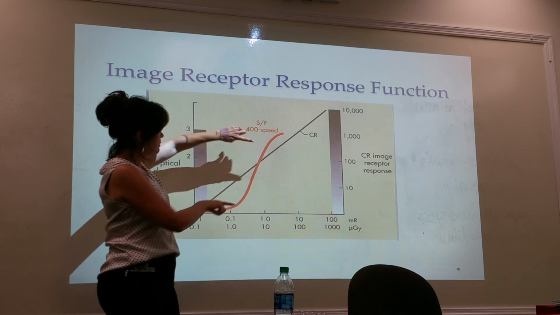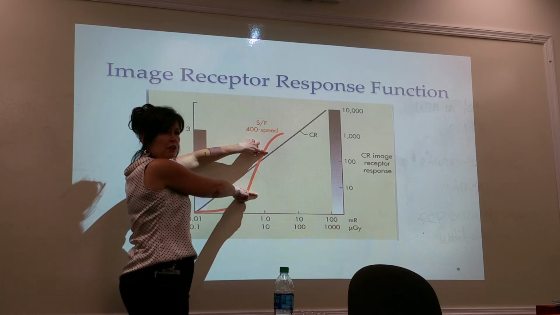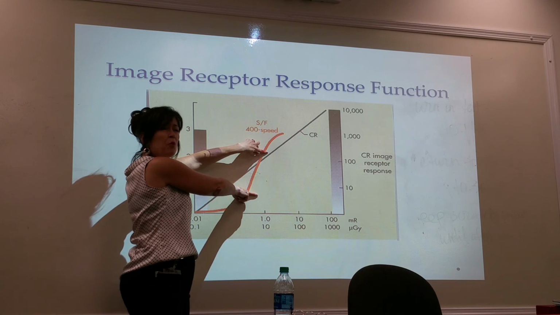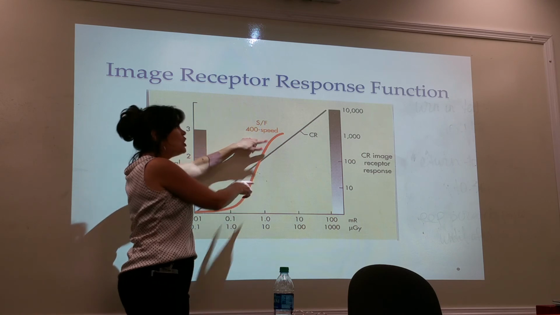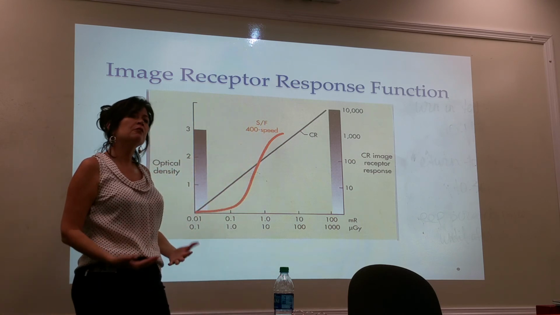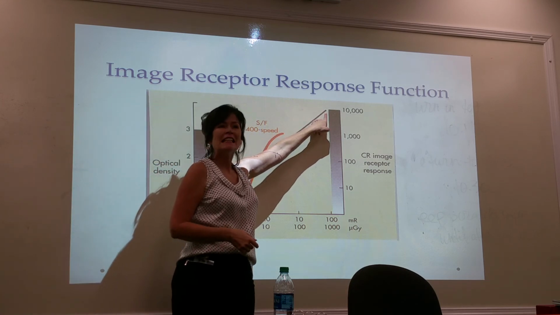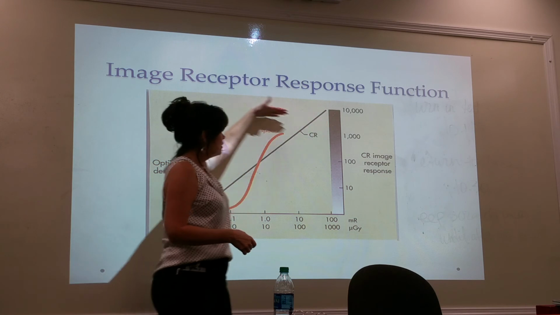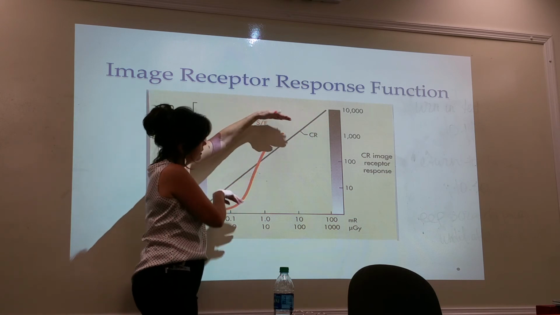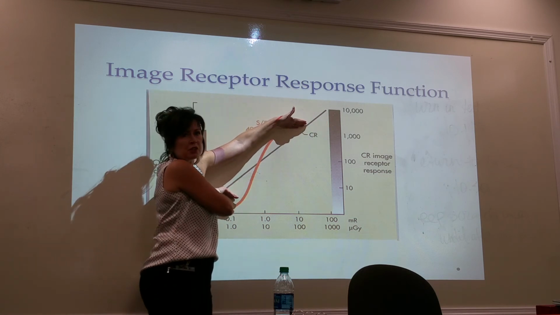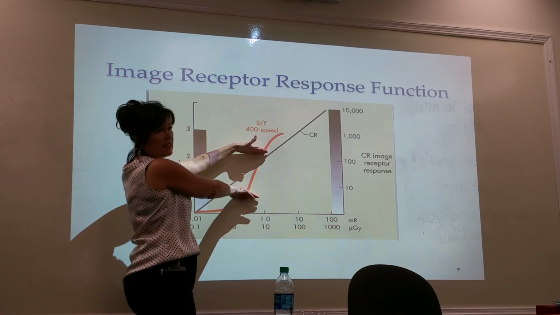And you can see, remember the straight line portion was our useful density range, and it was like 0.25 to 2.5. Look at computerized radiography. We have from 0 to 10,000. The useful range is here, much more so than here.